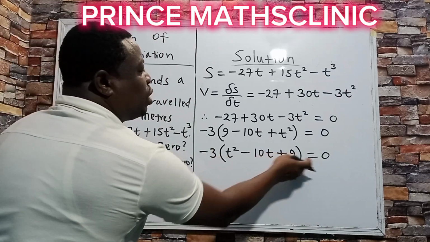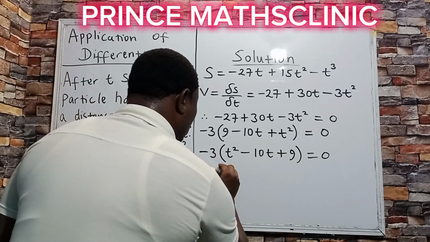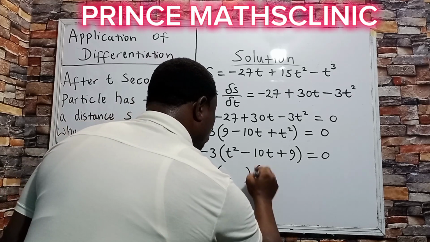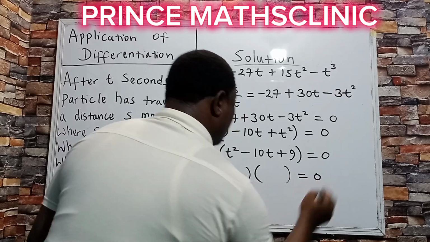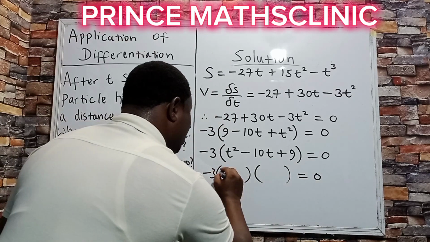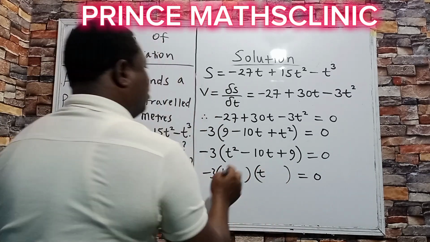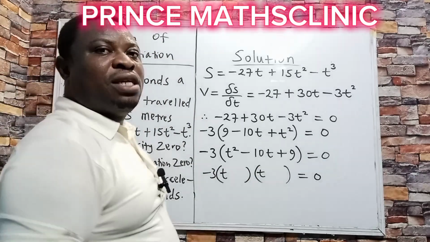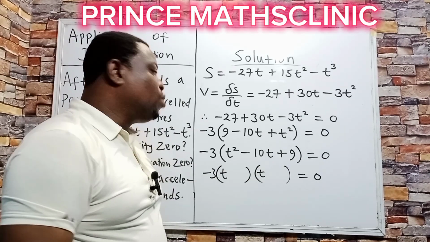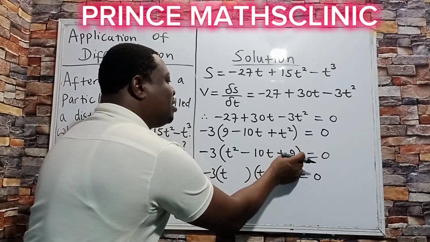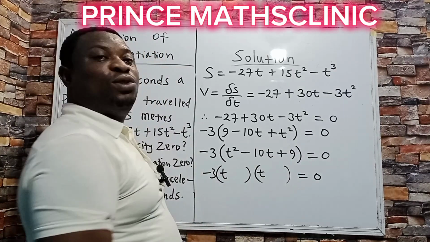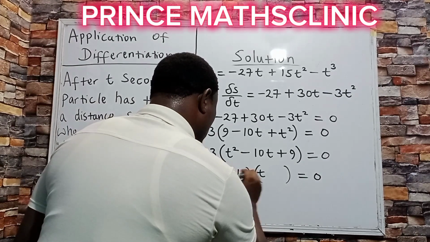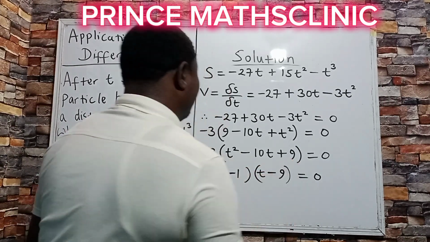To factorize what I have in the bracket, it will look like this. Open 2 brackets, put a t, put a t. Then I need 2 numbers that when I multiply them, I get positive 9, and when I add them, I get minus 10. Those numbers are simply minus 1 and minus 9.